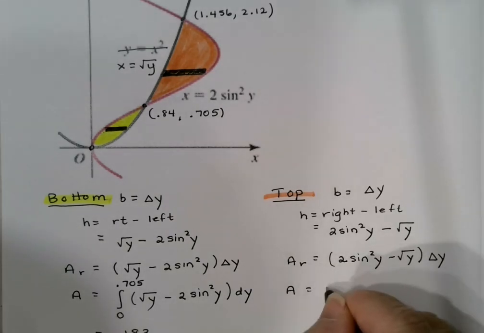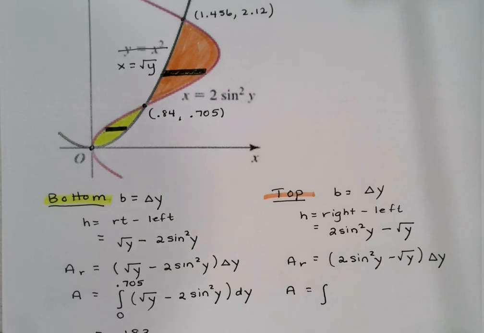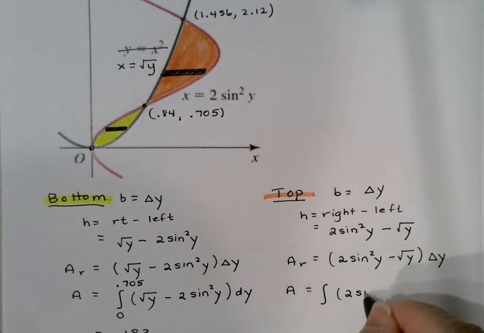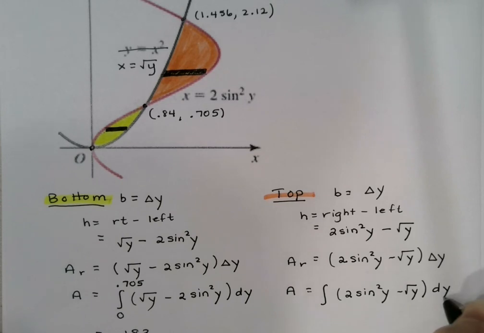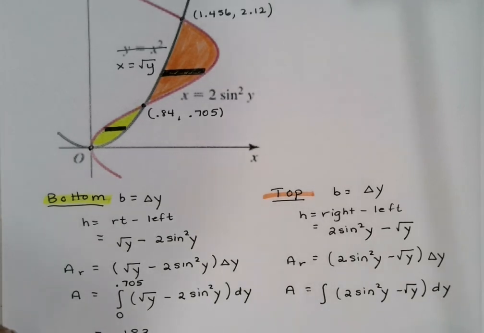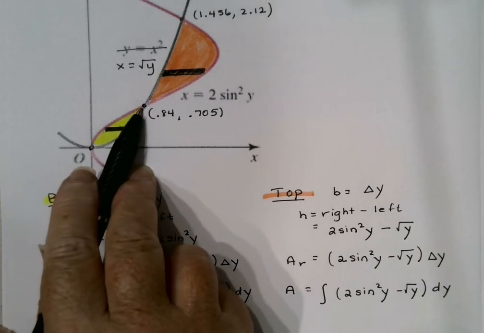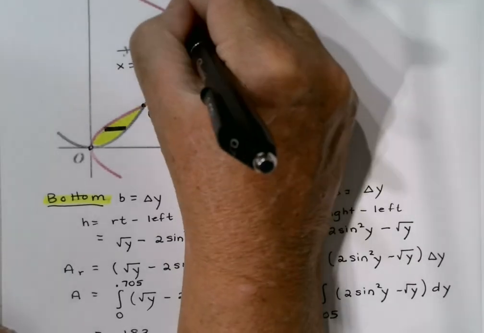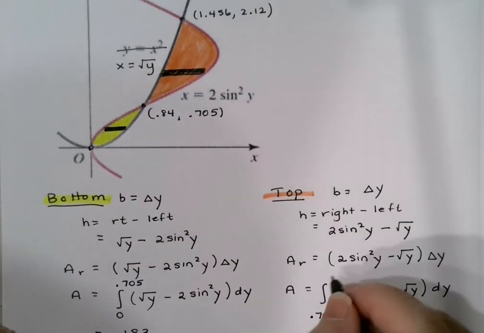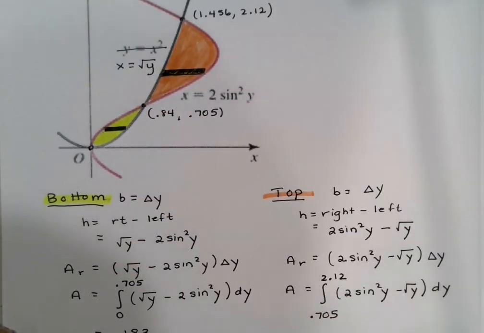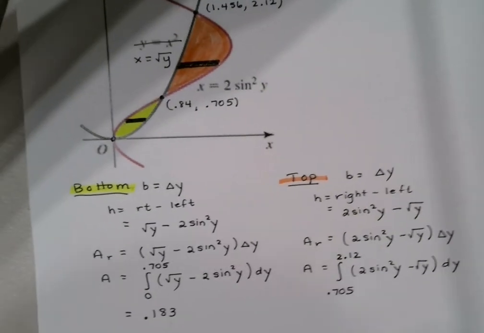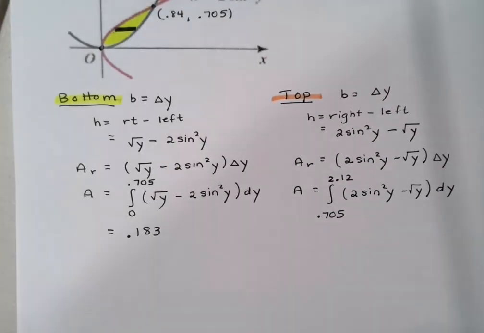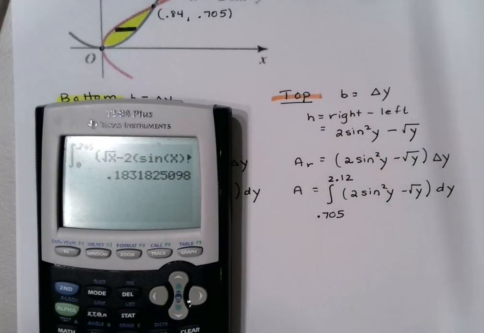When I integrate to add up all of the little rectangles, delta y becomes infinitesimally small, dy. My limits of integration are still y values, notice. This starts when the y value is 0.705, and it ends up here when the y value is 2.12. So once again, thank goodness for calculators.